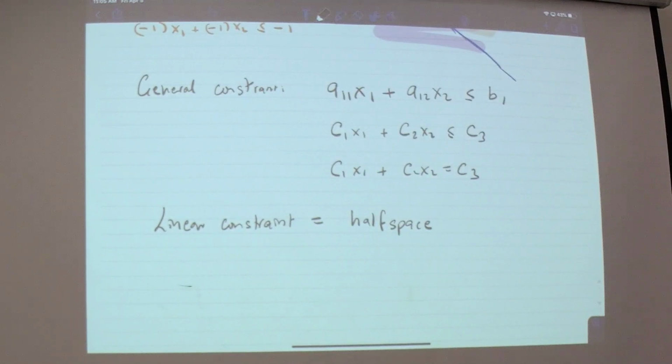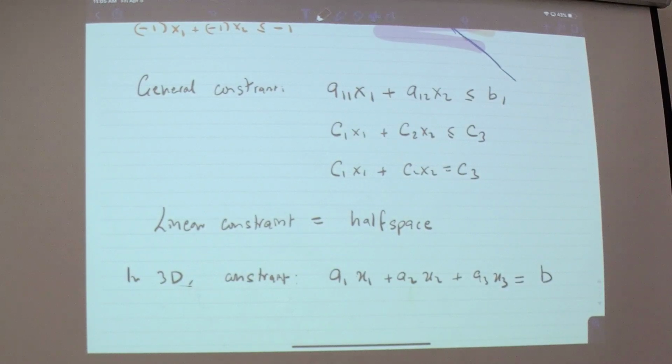First of all, what does this look like in 3 dimensions? It's a bit hard to think about, right? I can't really draw it for you, but let's go back to the linear algebra. In 3D, a constraint looks like, I'll write it in simple terms, a1x1 plus a2x2 plus a3x3, and we'll just use equality, equal to b.